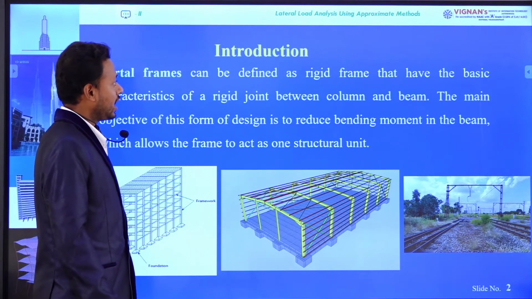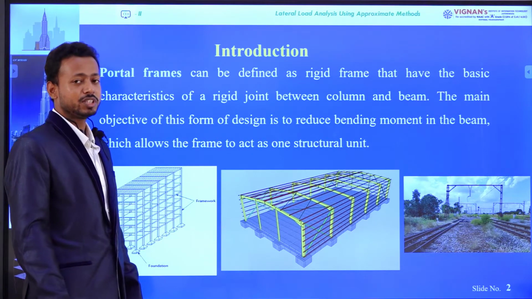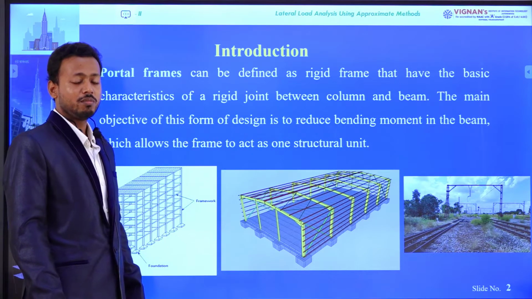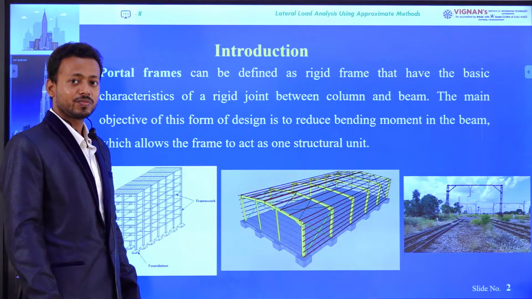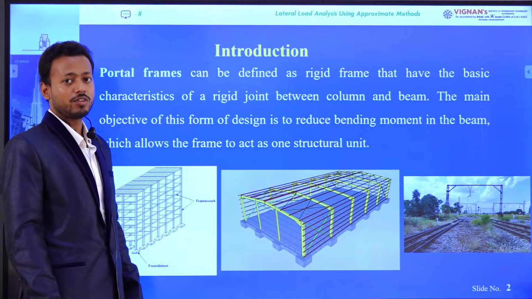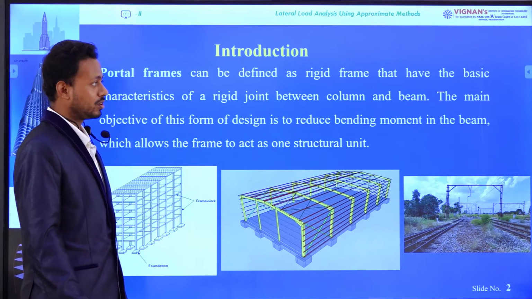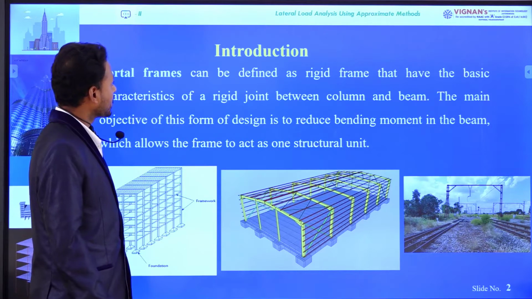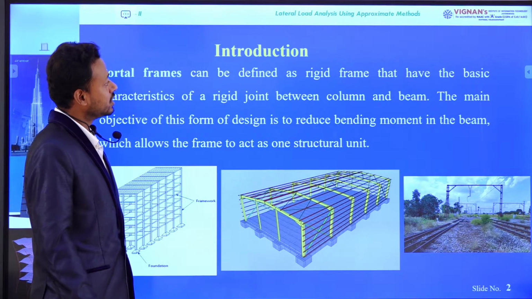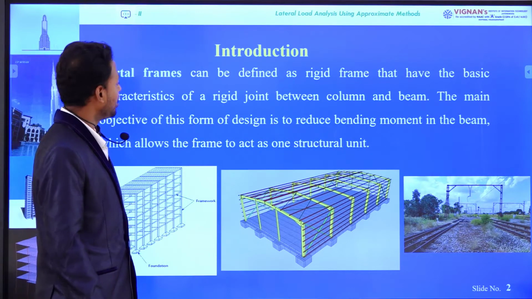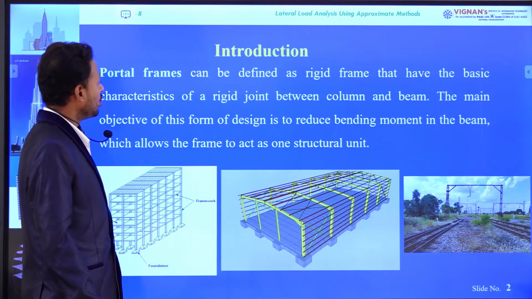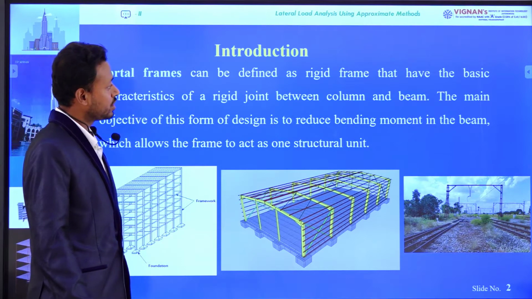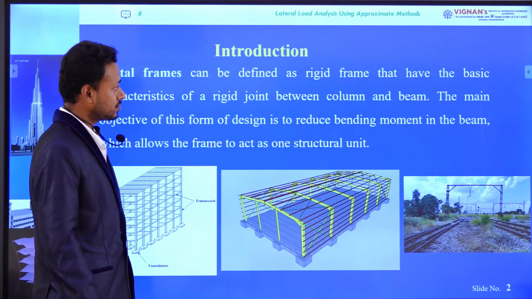It is the assembly of beams and columns connected by a rigid joint, called a portal frame. For the definition, we can follow this: the portal frame can be defined as a rigid frame that has the basic characteristic of a rigid joint between column and beam.